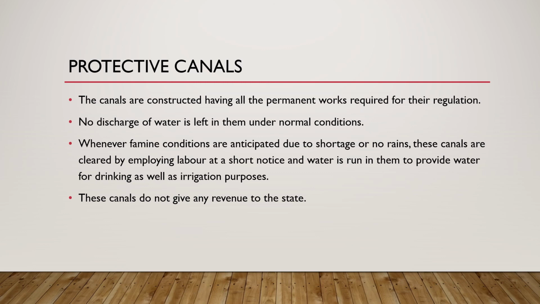The discharge of water is left only under normal conditions. The excess water will not be allowed to flow in these types of canals. These canals do not give any revenue to the state, which I have explained in the first point itself.